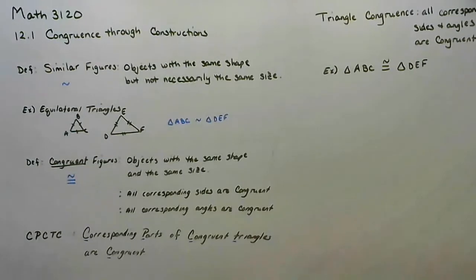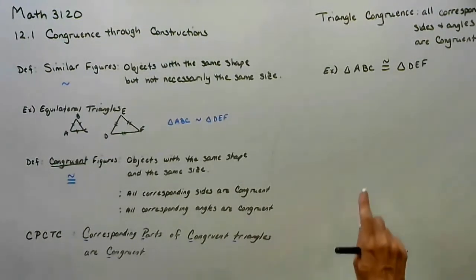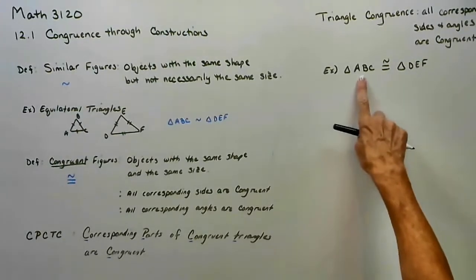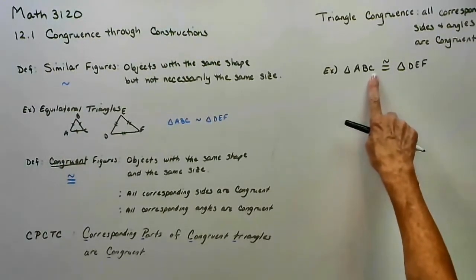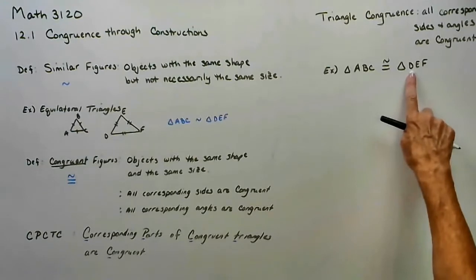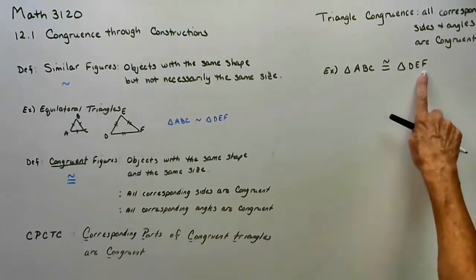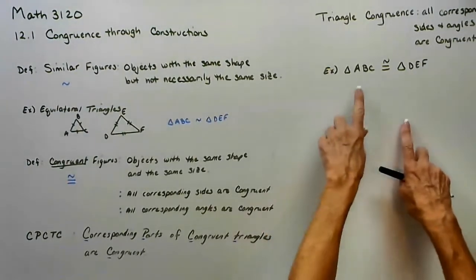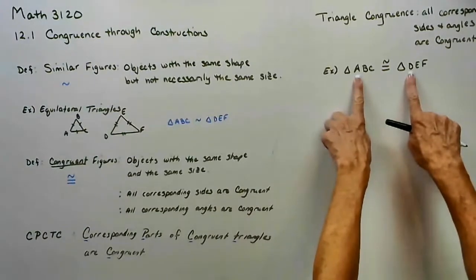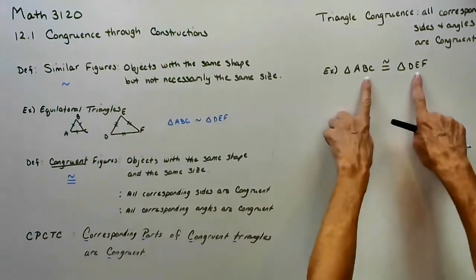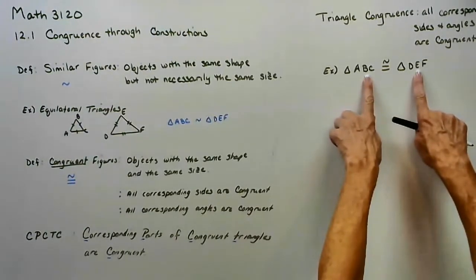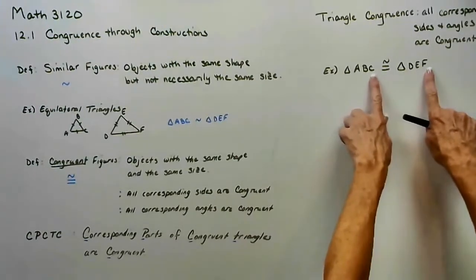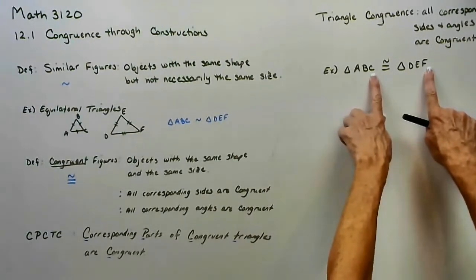Now before I even draw a picture, make note of the order. Notice angle A comes before B, comes before C. And notice the order D, E, and F. Well, that would mean that angle A corresponds to D because they both come first. B corresponds to E because they both come second. And C corresponds to F because they both come third.